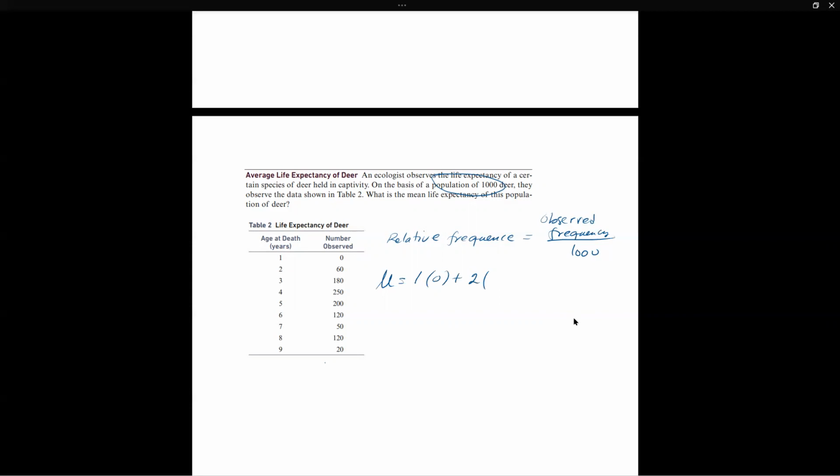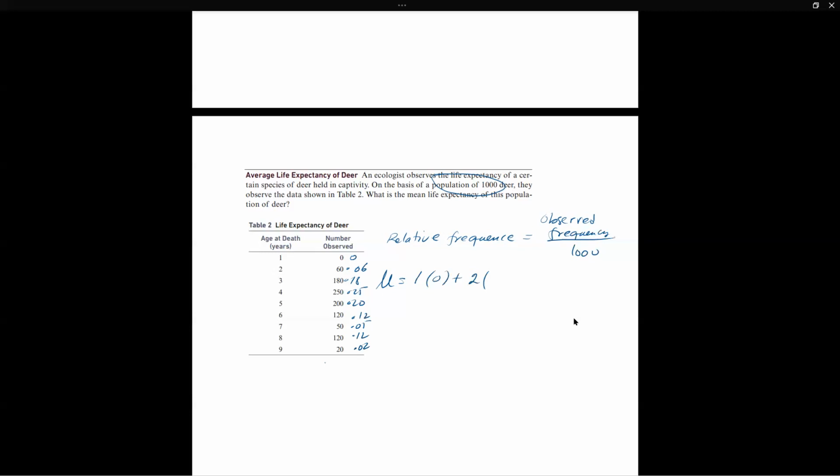If you do 0 by 1,000, you get 0, and the other one 60, you get 0.06, you get 0.18, 0.25, 0.20, 0.12, 0.05, 0.12, 0.02. All right, so you divide using this formula the observed by 1,000, right?